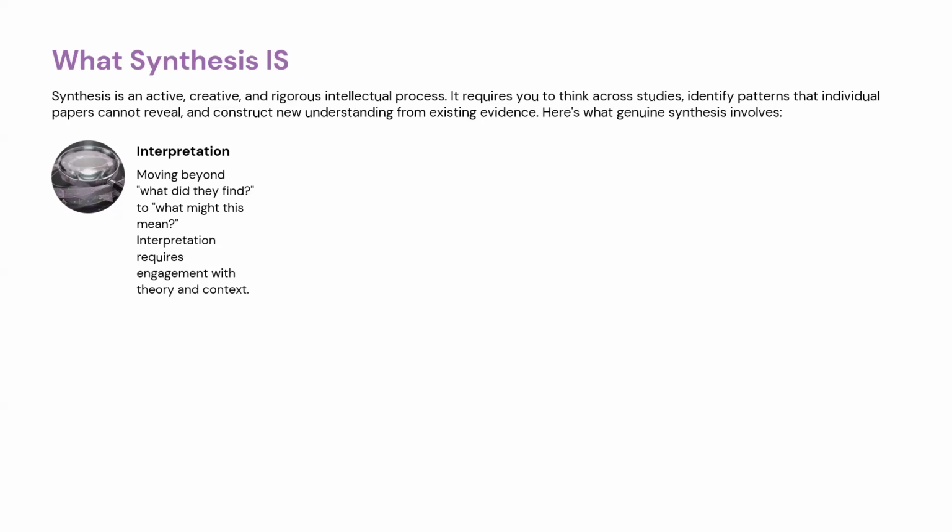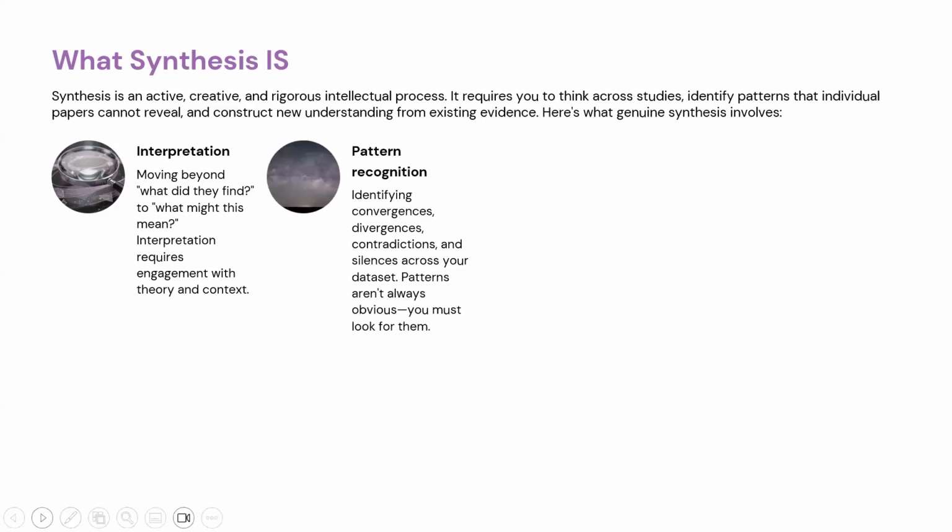So it's not just enough to say what was discovered, what was revealed by various authors in their papers. You have to actually then take it a step further and say, what do they have in common, and what are they still not answering as a body of literature? Which leads to the second point.